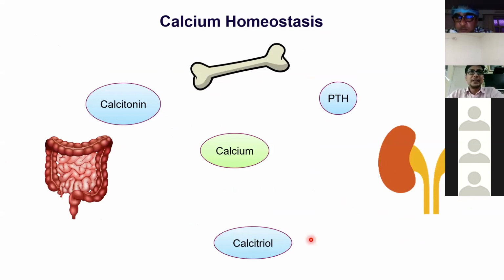These three biochemicals are of main importance in calcium homeostasis. Among those, PTH is the main one. Along with that, the calcium sensing receptor present in the parathyroid gland has the main role in calcium homeostasis.